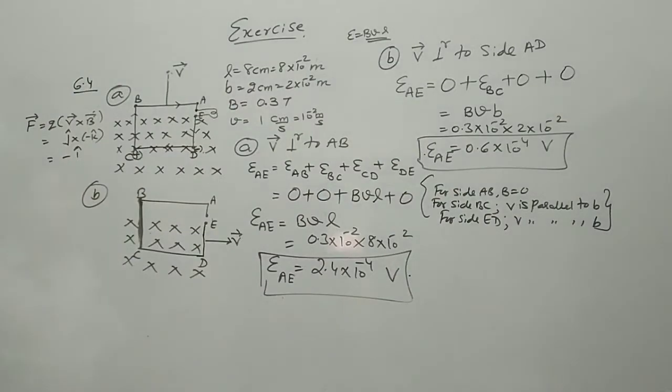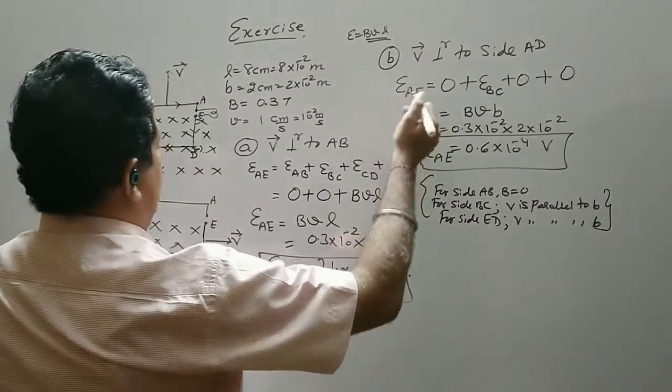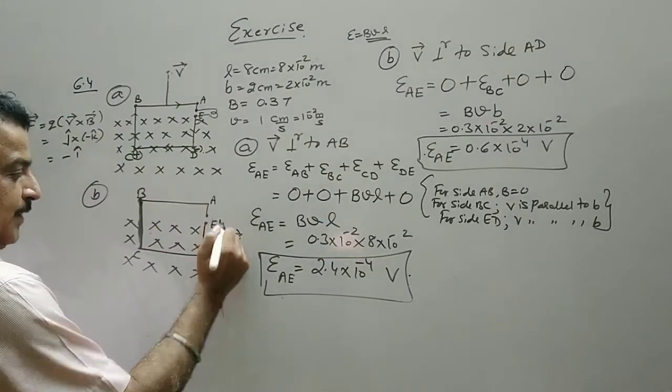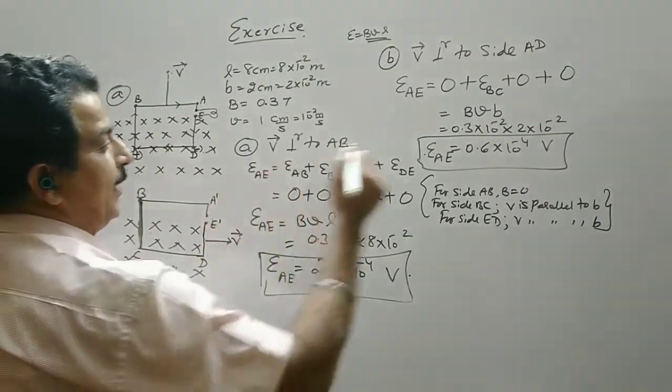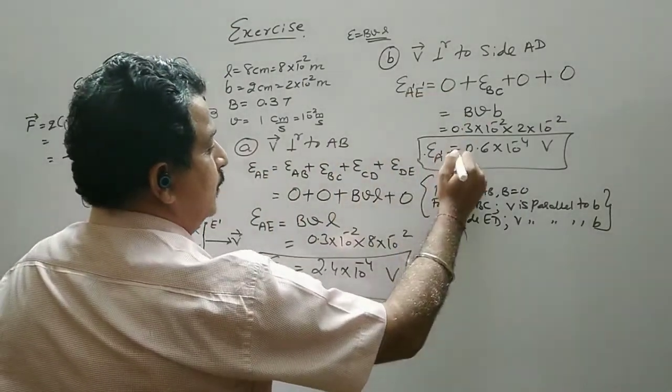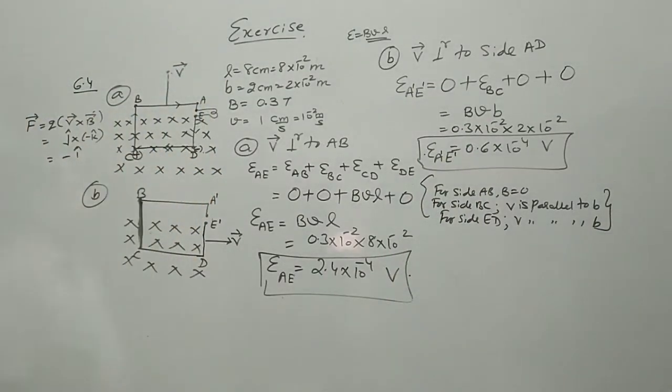So this is the EMF between the point A and E. So let us give this symbol A dash E dash. So this is a new diagram. So we name it A dash E dash, that is the EMF induced in this case. So it is 0.6 into 10 raised to minus 4 volt.